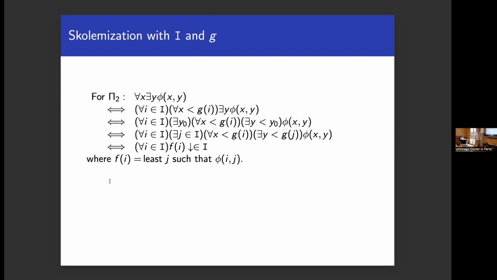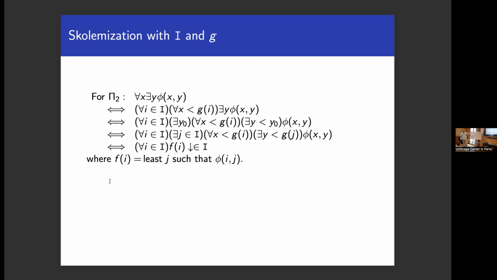Then you apply BΣ1 and you can switch some of those quantifiers around. That's what this y0 is. It's exactly what BΣ1 gives you from its basic statement. And then the third line is applying that reasoning again, that y0 is also below some value of g.